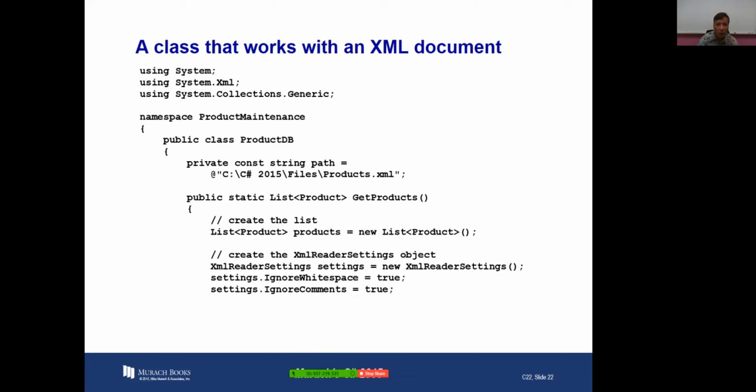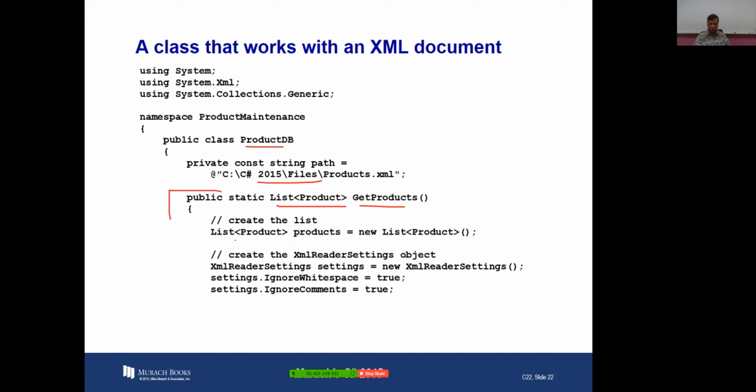So a class that works with an XML document. We just sort of looked at this for customers. This is the method in this ProductDB class that gets the products from the XML document.